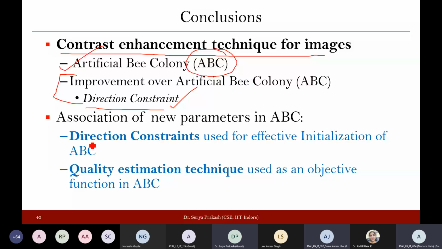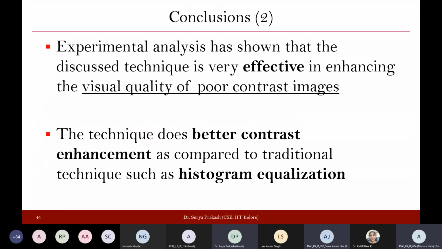Those two contributions are highlighted here: the use of the direction constraints, and the objective function, or the quality estimation technique that we are using to define the objective function.